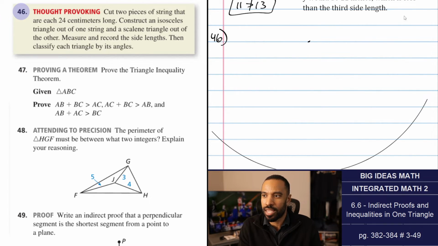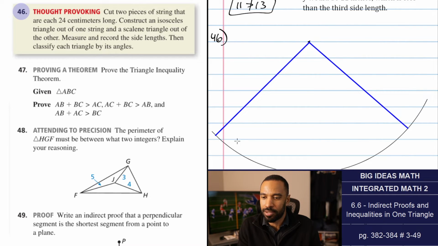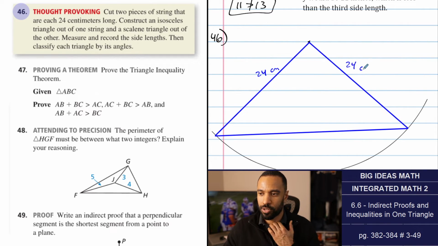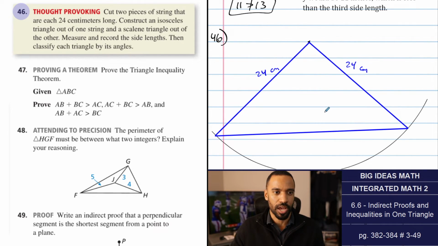So I'll make one in blue here that goes like this, because that'll be 24, and that'll be 24. I don't even know if I have a string with me. So this is 24 centimeters, 24 centimeters. So those are my 2 strings, and then there's this unknown.